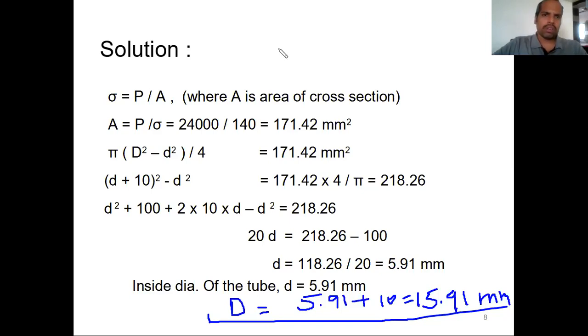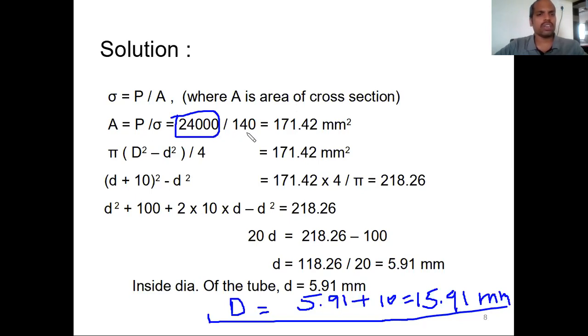In this problem, the load is given, the strain is given, and the initial length is given, so all these are not required at all to solve this problem. We need just the stress, and of course we used the load. We need only load and stress, that's all.